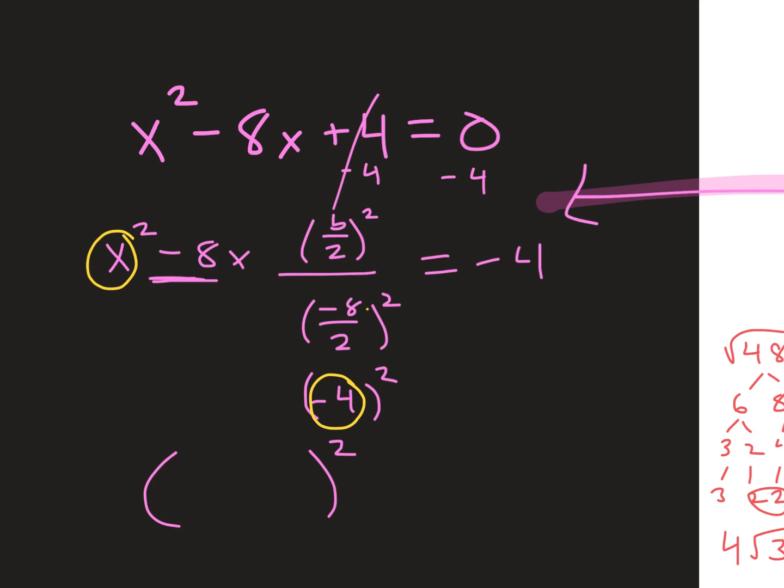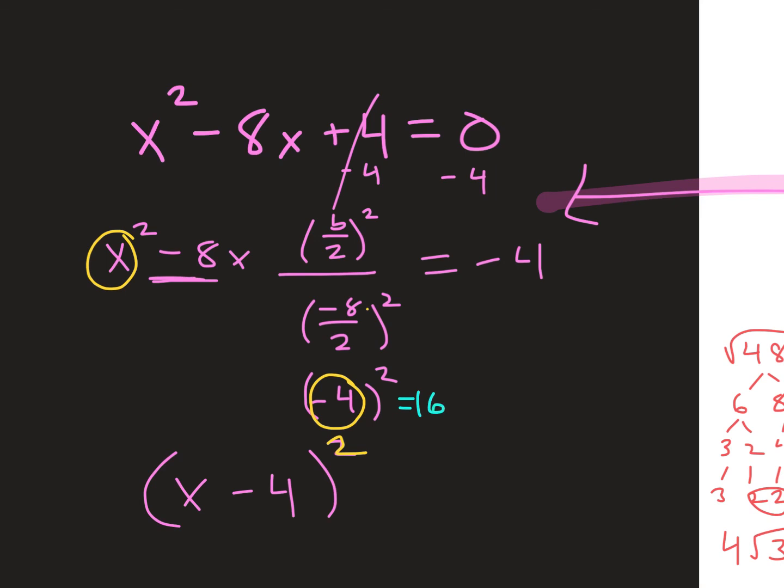The two things that are squared go in here because this is squared. So inside I put x minus 4. Now, negative 4 squared is what? 16.